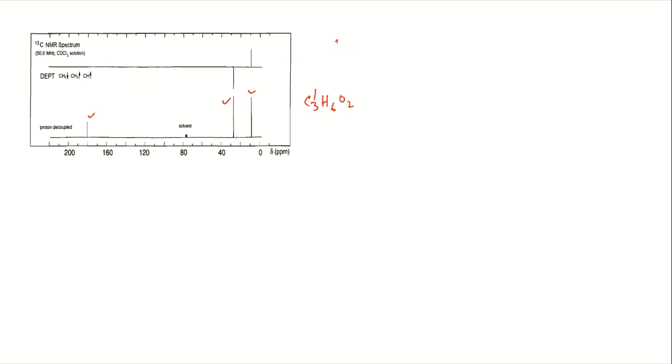Which carbon do we miss in DEPT? The carbon with no hydrogen attached. So this carbon is C double bond O. Look at the value, it is quite low, below 200.